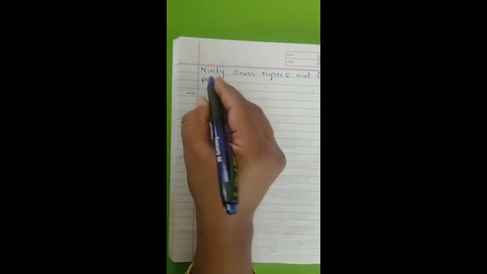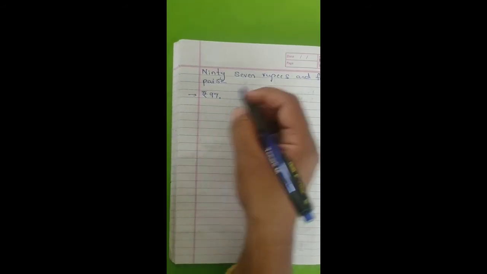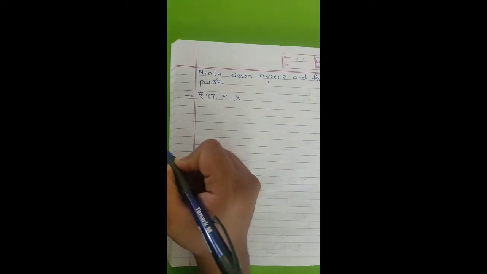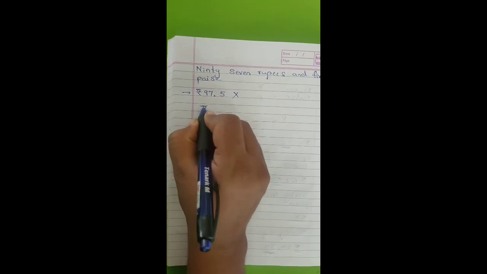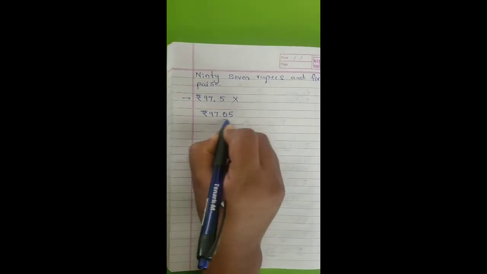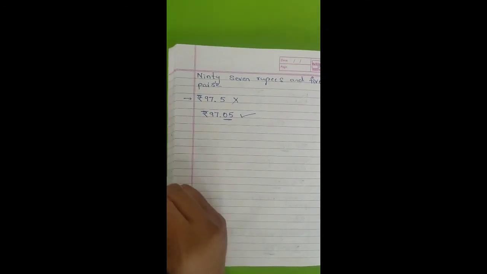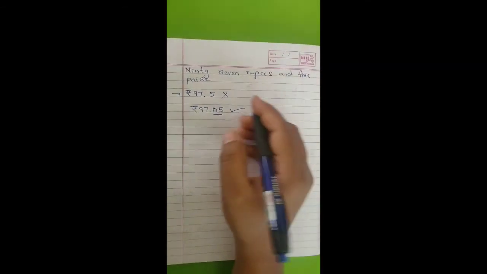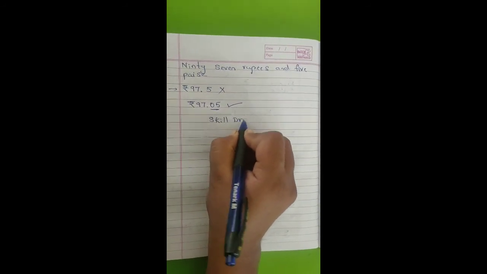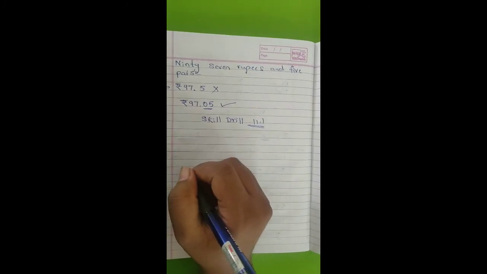How will I write this? 97 rupees point 5 paisa. This is wrong. How should we write? Rupee symbol 97.05. That should be a 2-digit number, then it is correct. Understood? And try to solve Skill Drill 11.1. I'll send you the key answers afterwards.